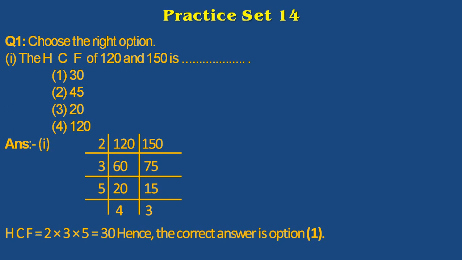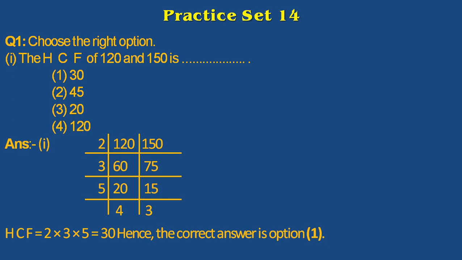The HCF of 120 and 150 is dash. Now you can see your options are given: 30, 45, 20, 120. First we'll find out the HCF. You can see here 120 and 150. 2 60s are 120, 2 75s are 150. 3 20s are 60, 3 15s are 75. 5 4s are 20, 5 3s are 15.